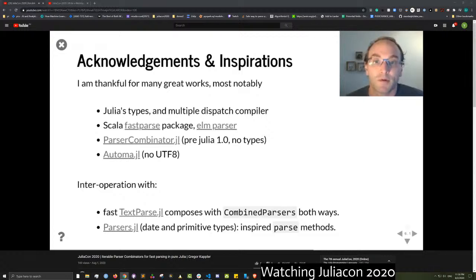Combined parsers is focused on regex, text parse, and most importantly, types and compiler optimizations, and thus is no fork of Parser Combinator. Automa.jl provides deterministic finite automata with actions. Actions make code rather convoluted with enter, exit, mark, and emit. It would be interesting to investigate interoperation when Automa supports varying code lengths and UTF-8.